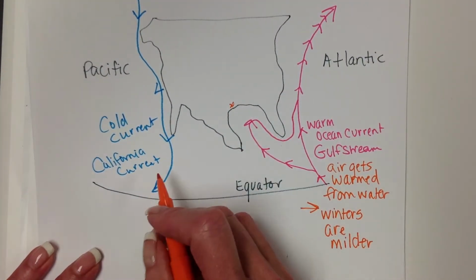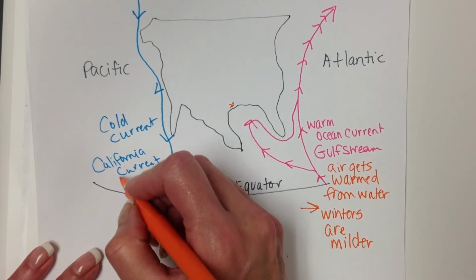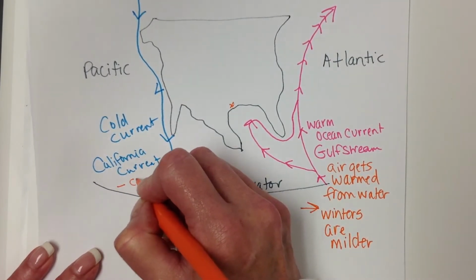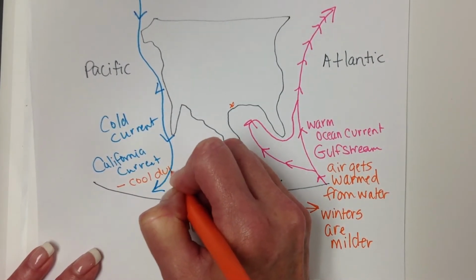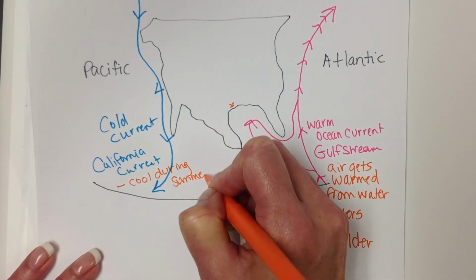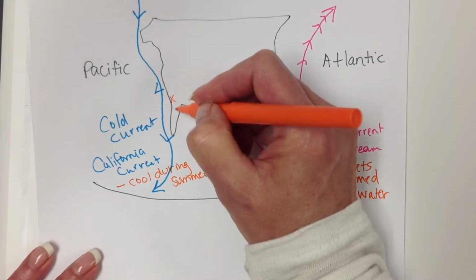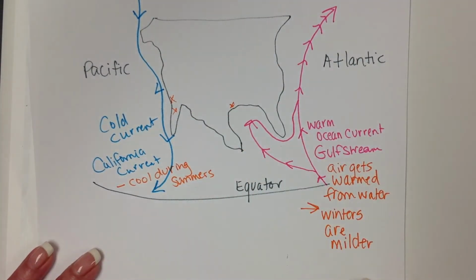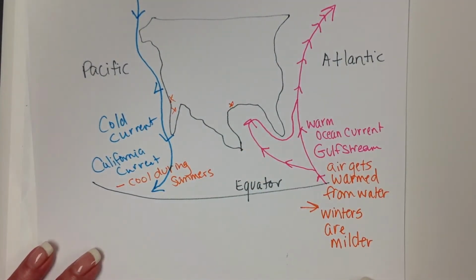All right, what about this one? Well, this cool California current helps keep California cool during the summers. So in California, along the coastline, here, Los Angeles, San Francisco, you are going to see a nice, mild summertime with a high maybe of 85 degrees, kind of like we're having right now.